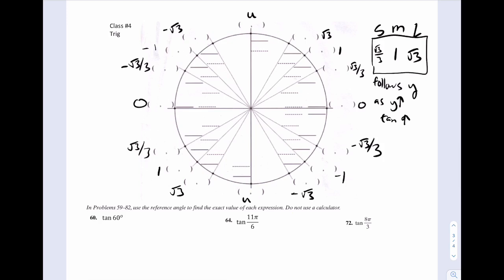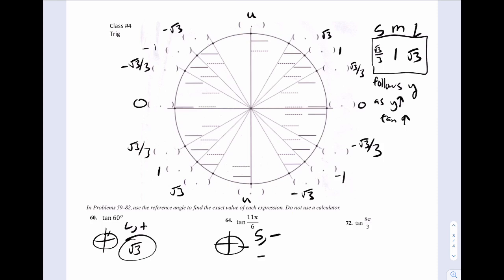So for example, if you want tan 60, 60 is right there. Think of the y, so that's going to be large. And this is positive because it's quadrant 1. So large positive would be root 3. 11 pi over 6, that would be right there. So if we follow the y, that's small. Quadrant 4 is negative for tan.